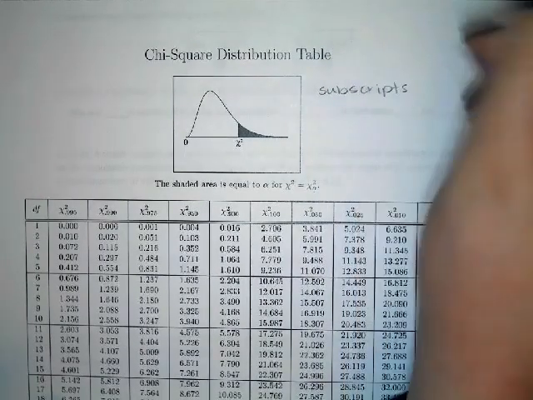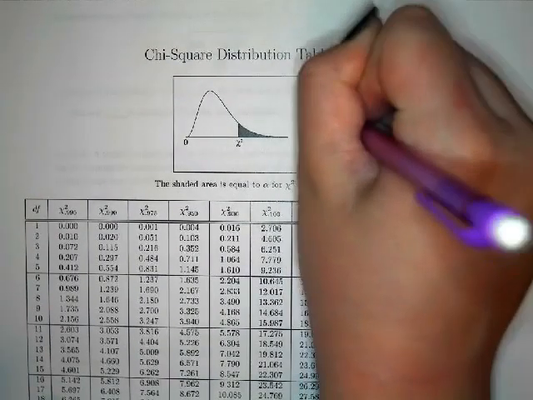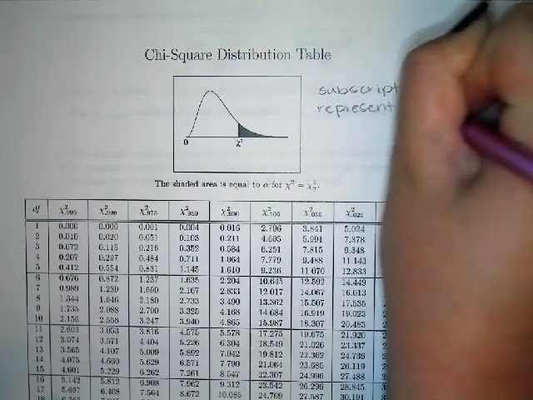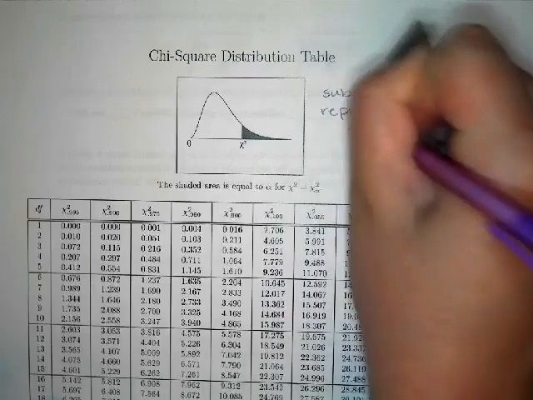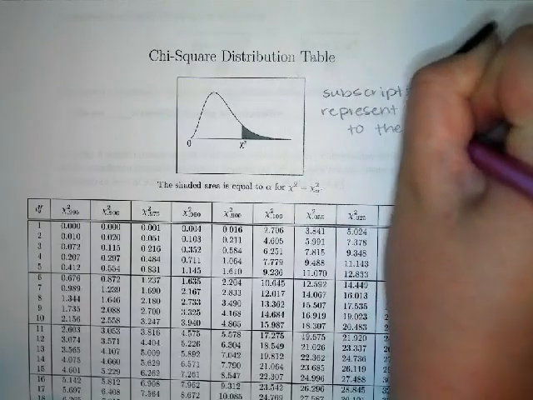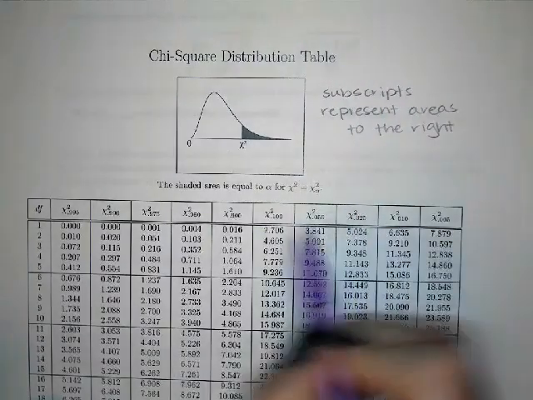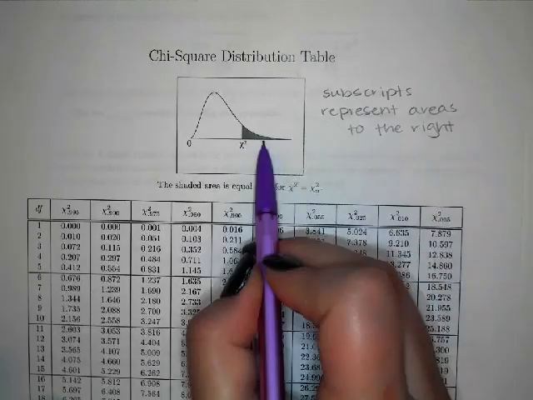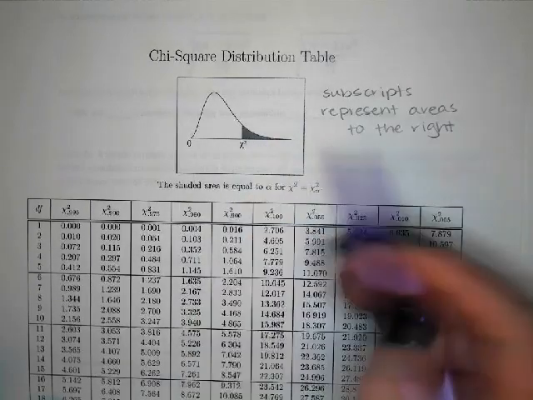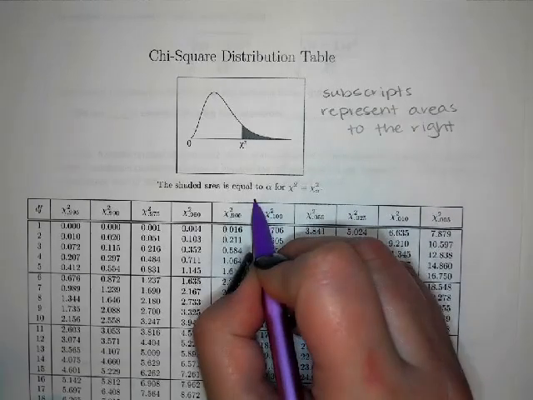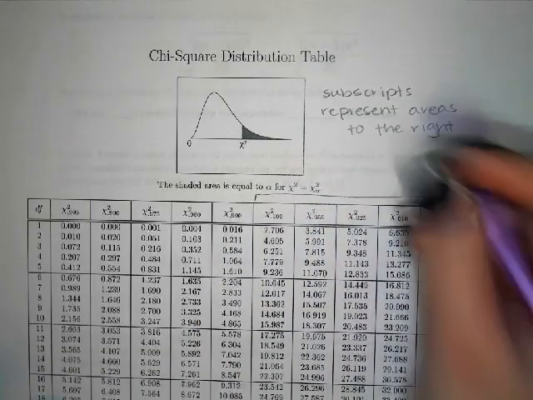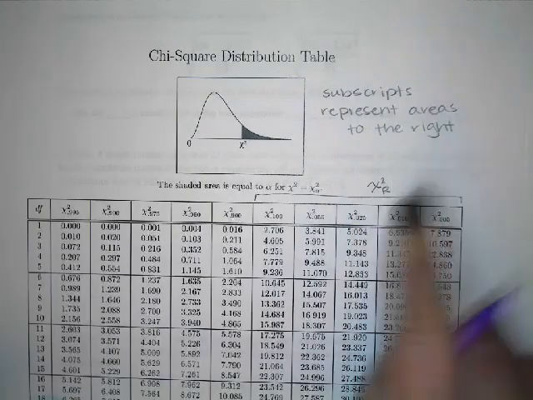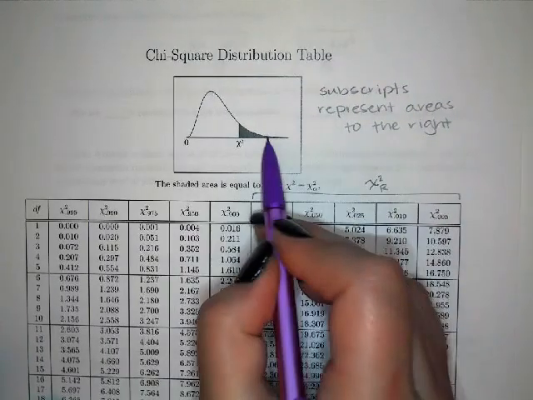So these subscripts represent areas to the right. So if we're looking at these areas right here that are really small, then these are going to be the right tail critical values. So these right here, all of these are going to be chi-squared sub R. These are going to be smaller values over here.